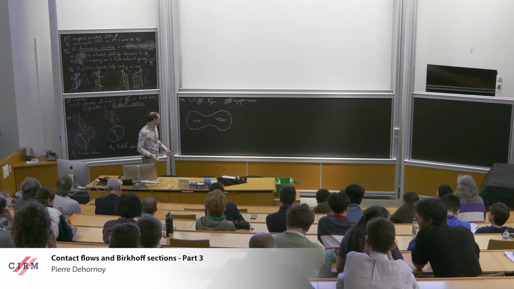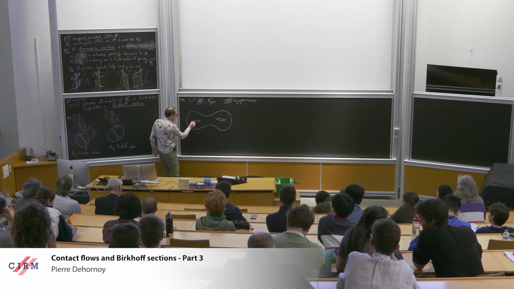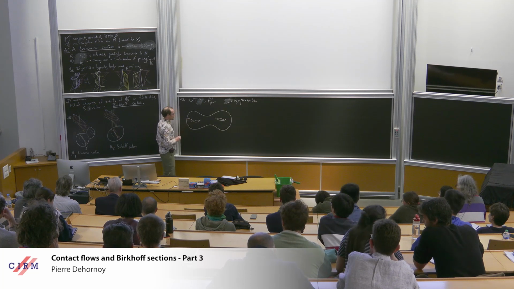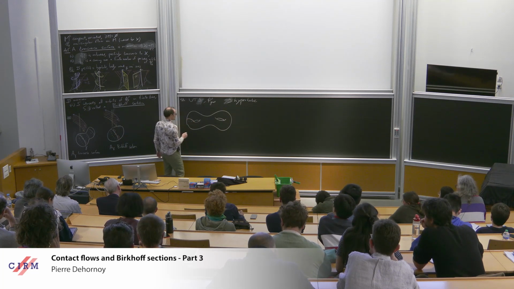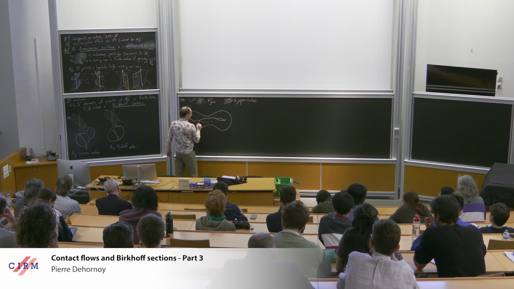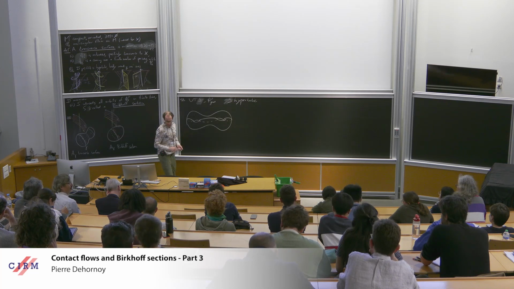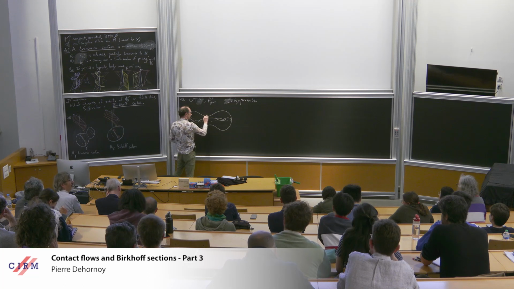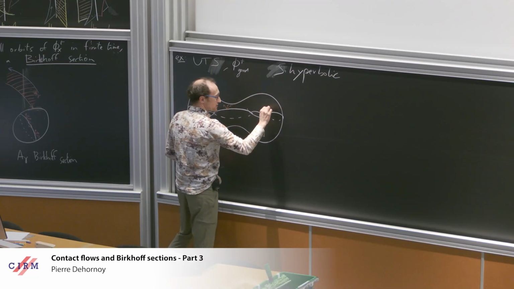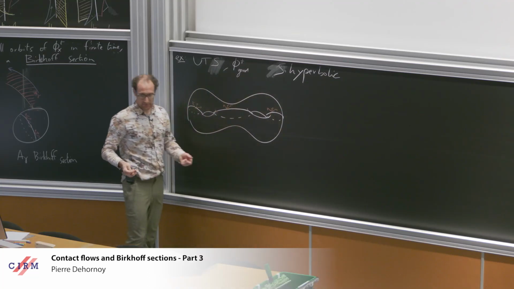So, can we take Birkhoff annuli? Well, for sure we can, because there are many simple closed geodesics on a hyperbolic surface. So, for example, you can take that one, and then you take that one, and then you take that one. These are nice Birkhoff annuli. These are nice simple geodesics, so you take those Birkhoff annuli here, you choose one direction, for example that one, and you wonder, is it enough, does that work?